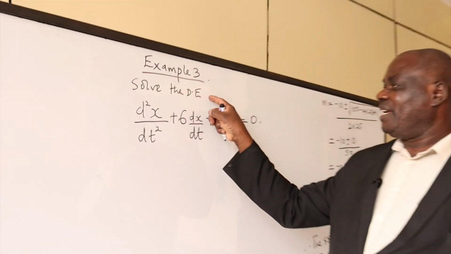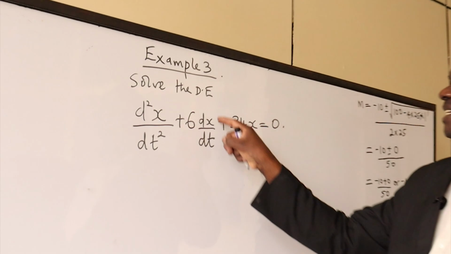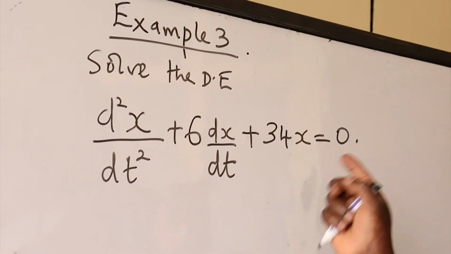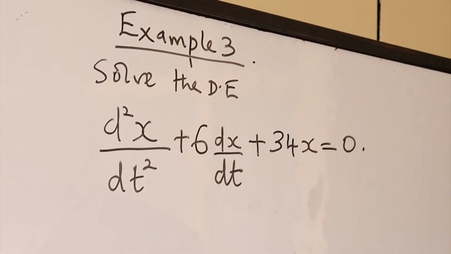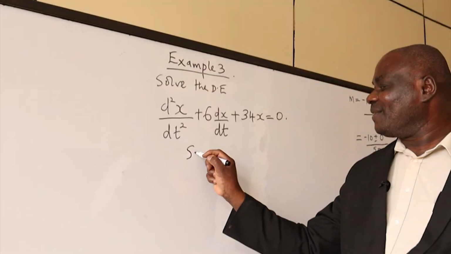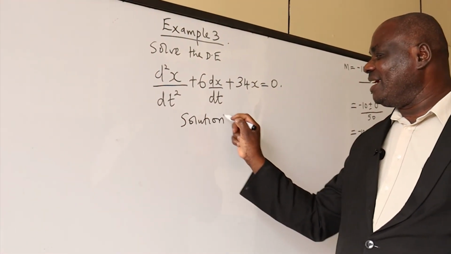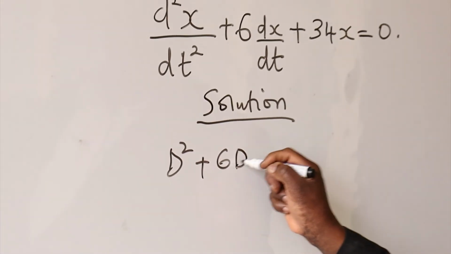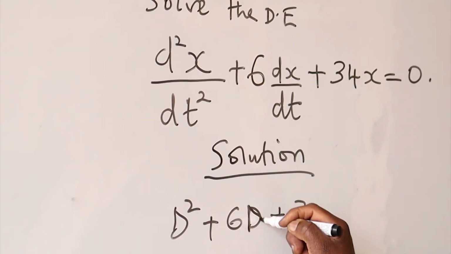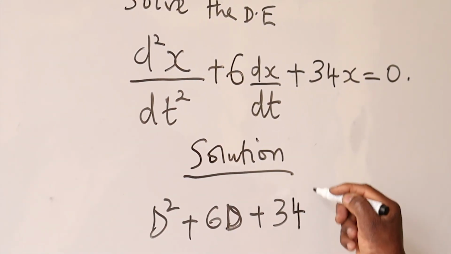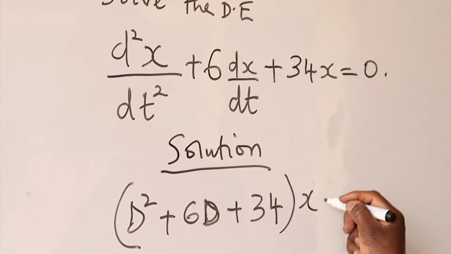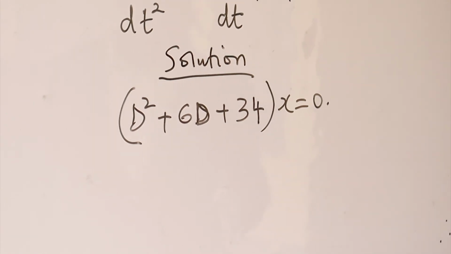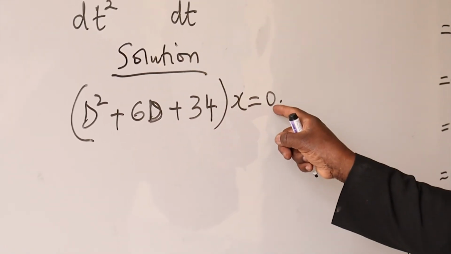Now we have solved d squared x dt squared plus 6 dx dt plus 34x is equal to 0. This is also a second order, first type. So in our solution, we can rewrite the D in this format and say D squared plus 6D plus 34, the whole of this multiplying x, is equal to 0.